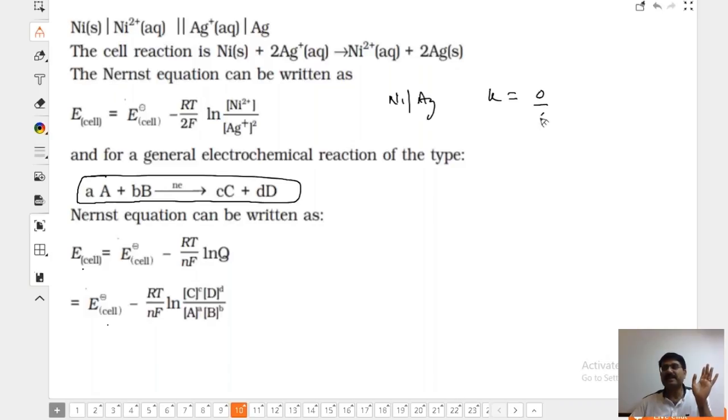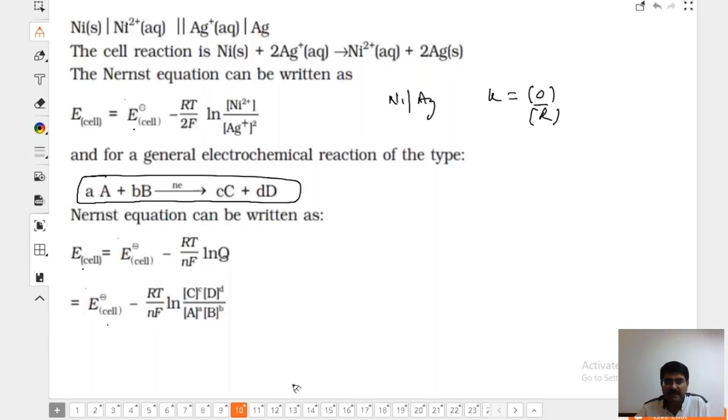Just keep in mind K is equal to what? Species getting oxidized over species getting reduced. RT by nF will be constant, and it is going to be nickel 2 plus over silver plus, power 2. Everything is going to convert into numericals. So this is the calm before the storm.